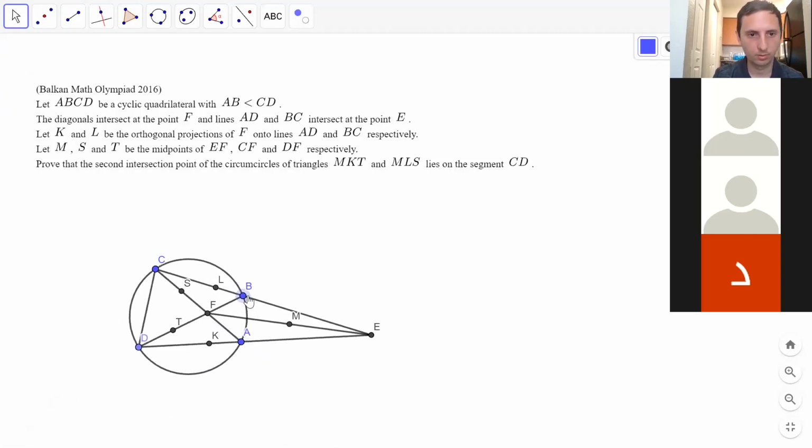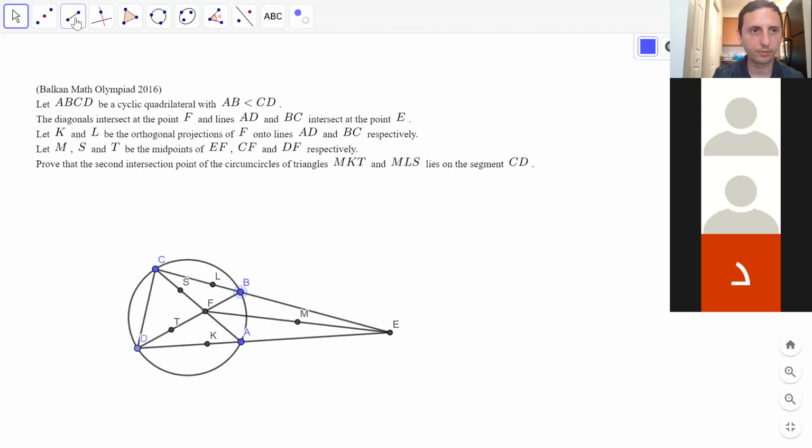I think that's the complete picture. Oh, what was K? Oh yeah, we'll draw on the altitudes. So FAD and FBC are similar triangles, and K and L correspond to one another. So that's a start.